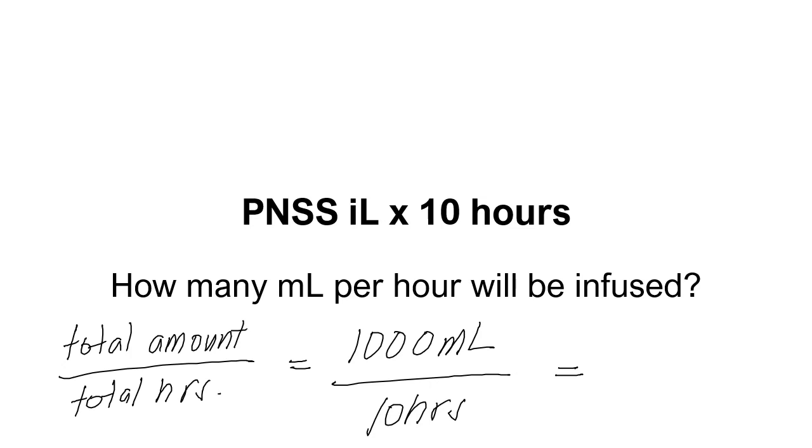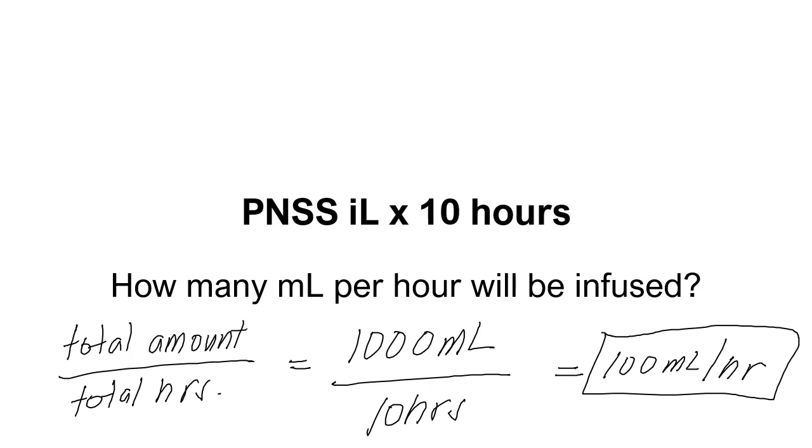That would be 100 ml per hour. If you had some confusion along the way, try to pause the presentation and reflect on your computation. Now, let's apply this to nursing practice.